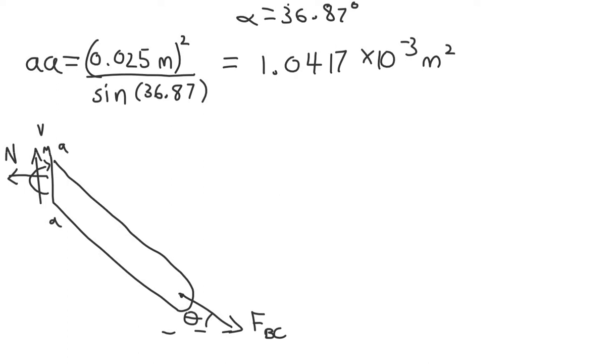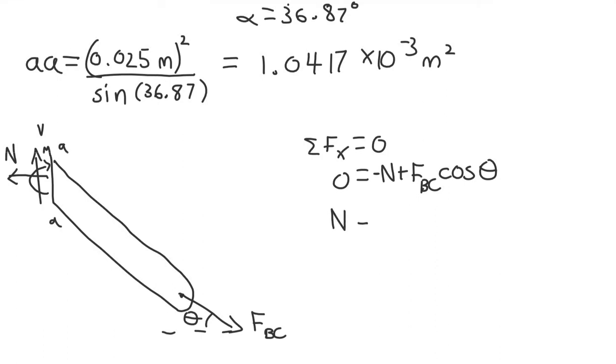So in order to find the normal, we will take the sum of all forces in the x, and N is equal to P over sine theta, which represents FBC, times cosine theta, which we can represent as P over tan theta.